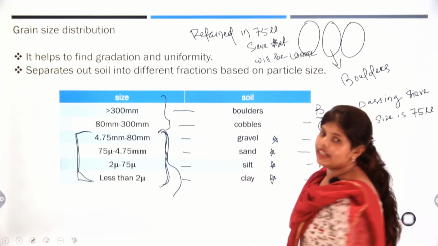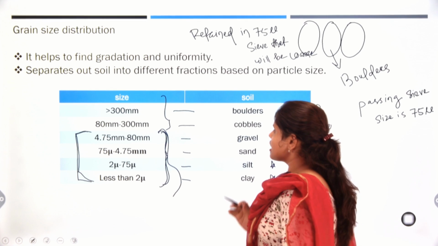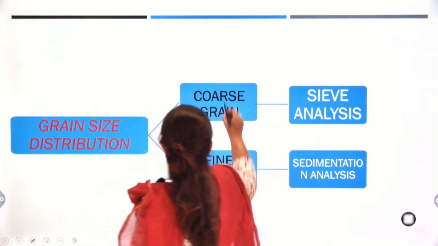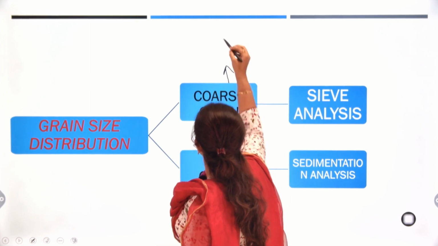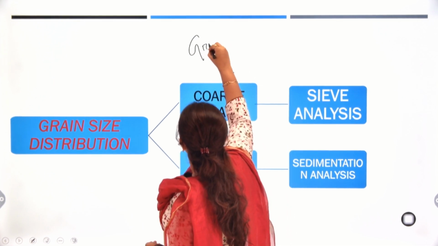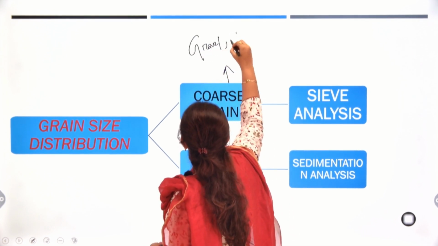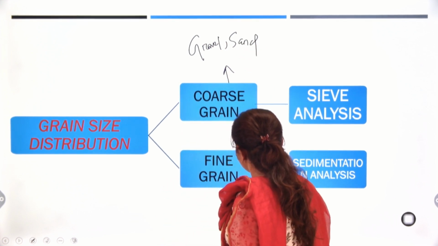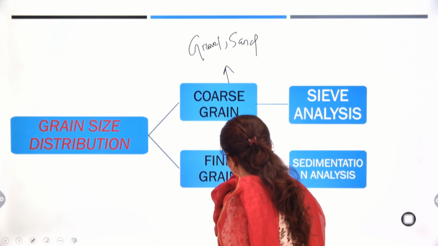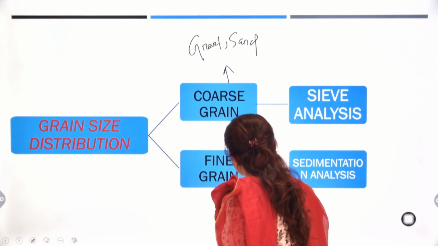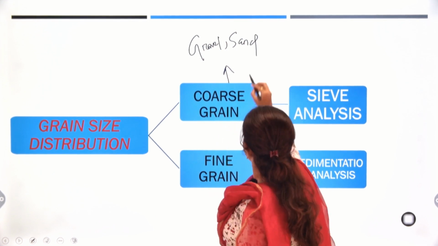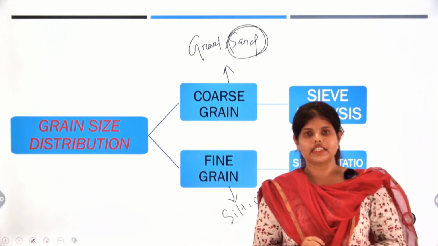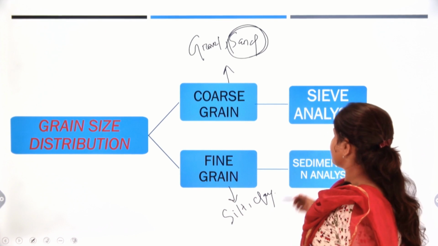If soil is retained on the 75 micron sieve, that is coarse grain soil. Coarse grain soil consists of gravel and sand, and fine grain soil consists of silt and clay. Also, sand has coarse sand and fine sand, which we will describe later.